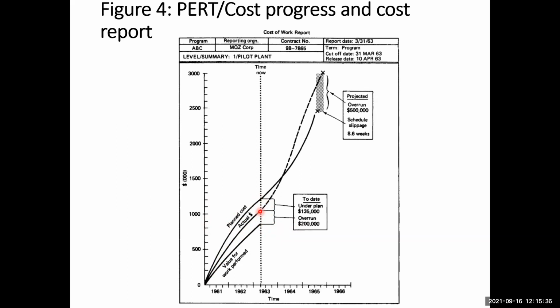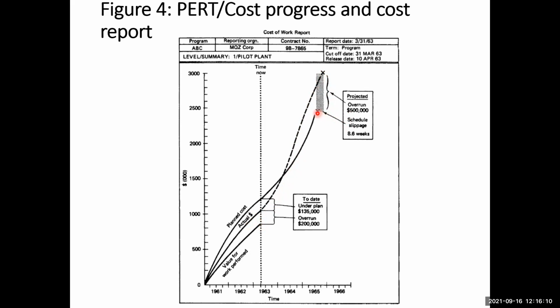So it means that we are not only performing less work, but also spending more on that amount. Okay? So this is the actual dollar curve. If this actual dollar curve is extrapolated, then we find that there will be a total overrun of about $500,000 in this project.